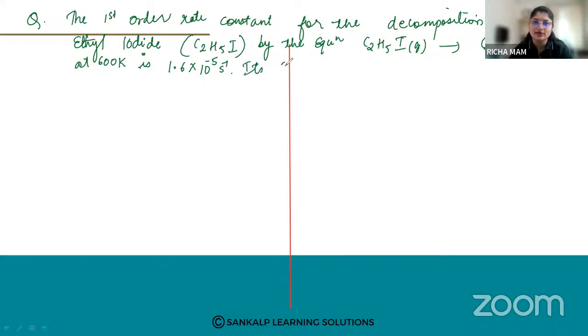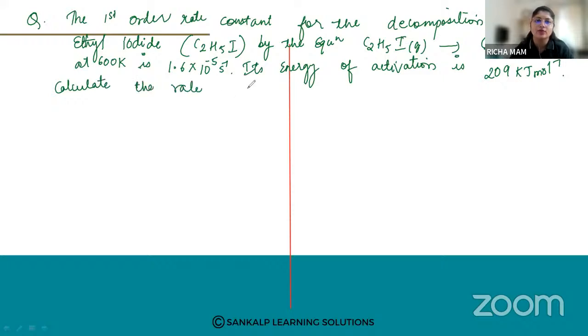Its energy of activation is 209 kilojoules per mole. Calculate the rate constant of the reaction at 700 Kelvin. So this is the question.